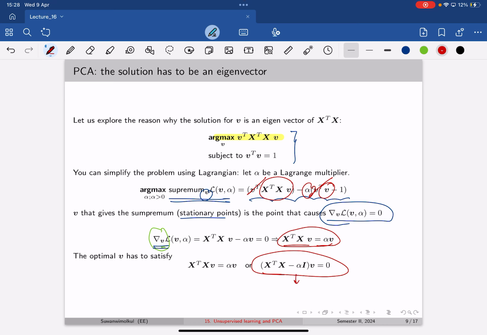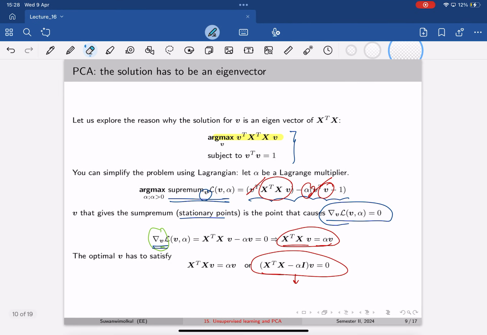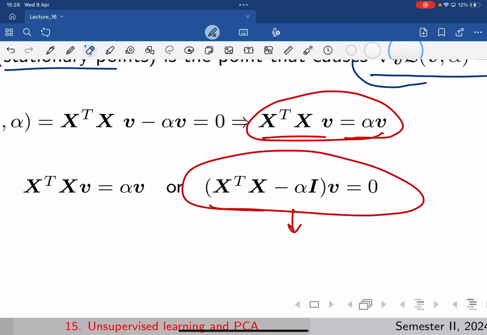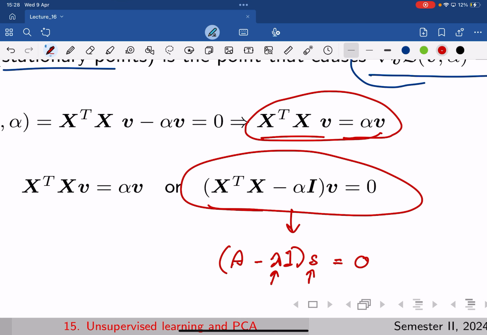If you look at the definition of eigenvector and eigenvalue, you remember that any pair of a scalar value and a vector that satisfies the equality A times V equals lambda times V, let's say S here, with eigenvector and eigenvalue, will be equal to A. For any matrix, you can always decompose this.